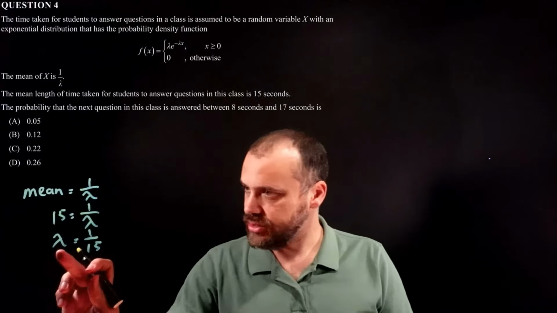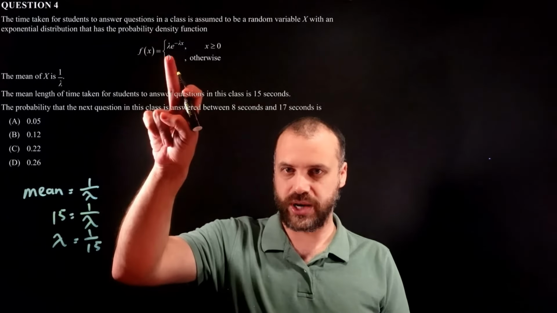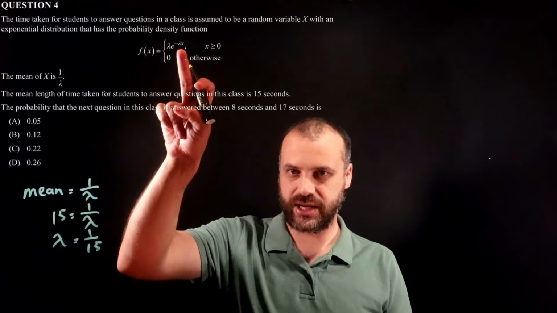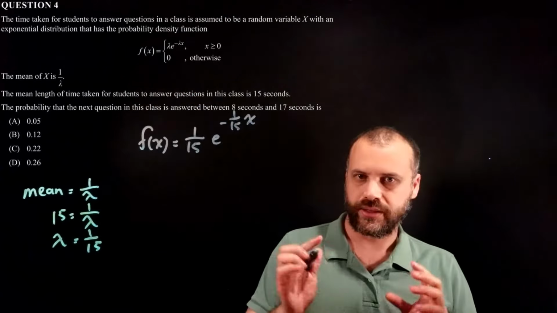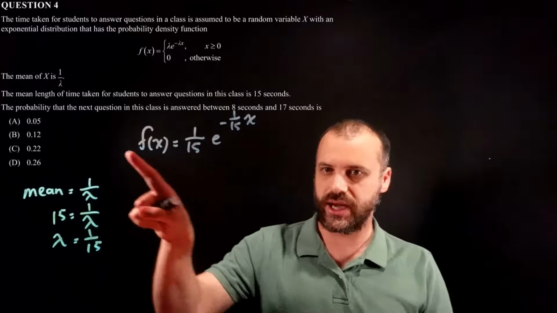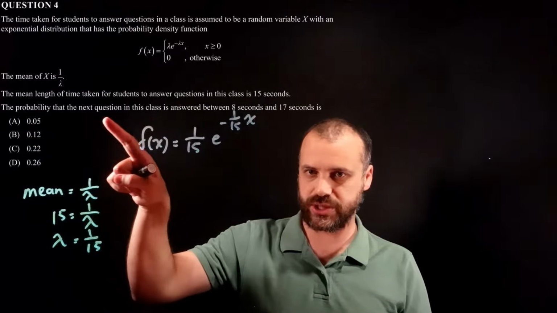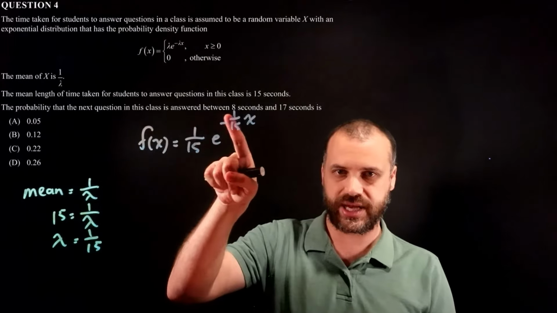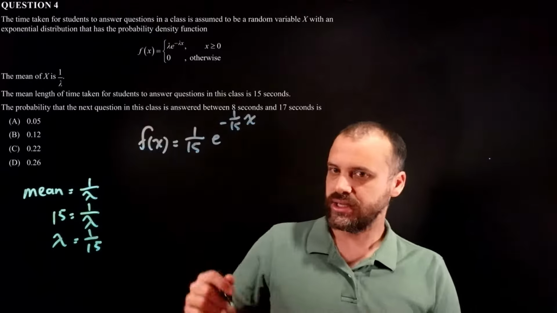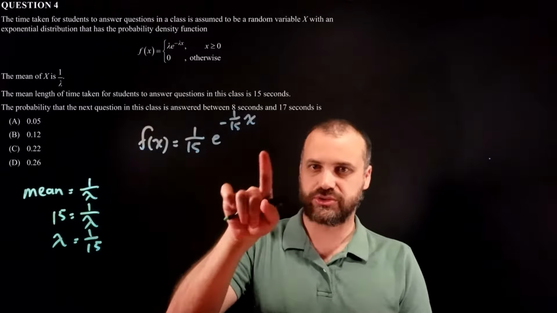Now because we know that lambda is equal to 1 over 15, we can put 1 over 15 into our equation there and into our equation there. All right, so we've got a nice little equation here, and then it says the probability that the next question in this class is answered between 8 and 17 seconds is. So this is an exponential distribution function.